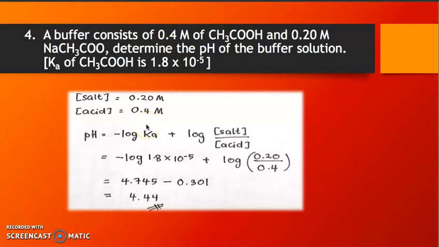Use the Henderson-Hasselbalch equation: pH is equal to the pKa, which is negative log Ka, plus log of the concentration of salt, or conjugate base, divided by the concentration of acid, and you get the answer 4.44 for the pH.